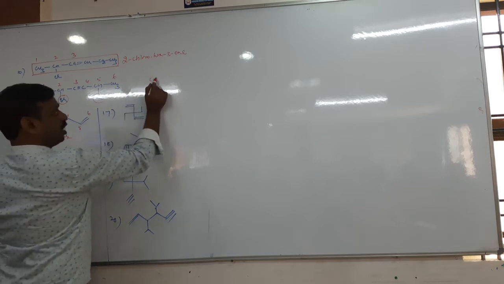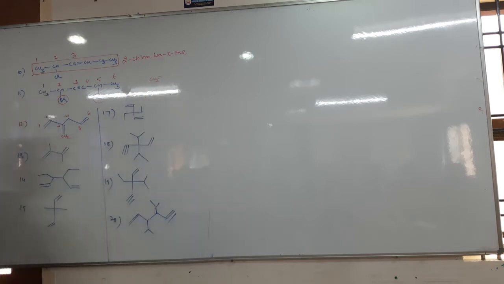Do you remember CH2 double bond, which is called methylidene? 3-methylidene, where methylidene is a substituent, right? Then tell me, this is a substituent, 3-methylidene. Now it is hexa-1,5-diene. Similarly, it is 1, 2, 3, 4. You can do it. It is a methyl, right? Methyl, methyl, dimethyl.